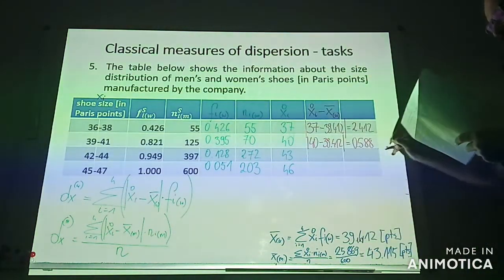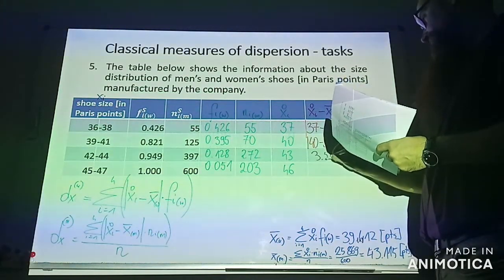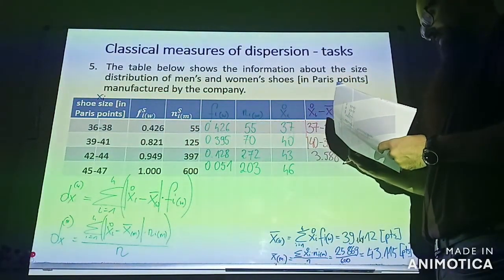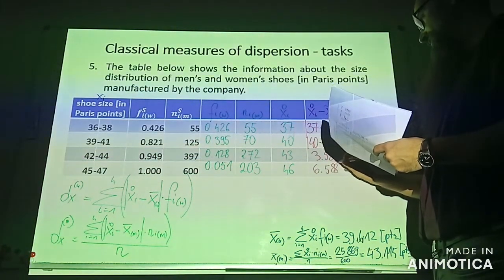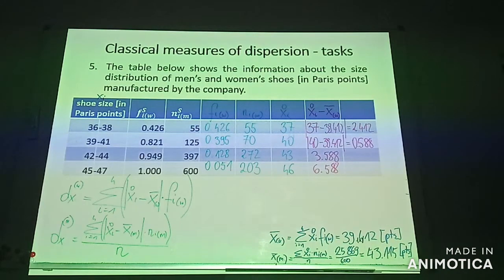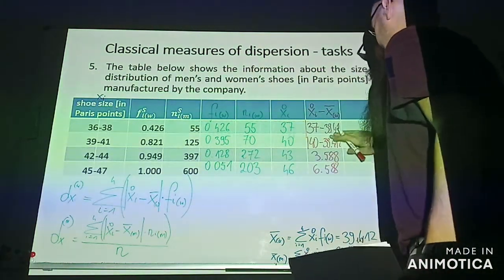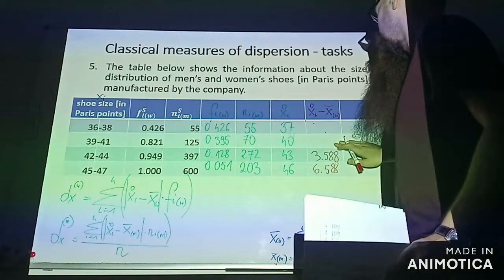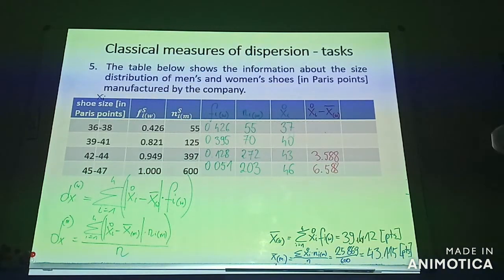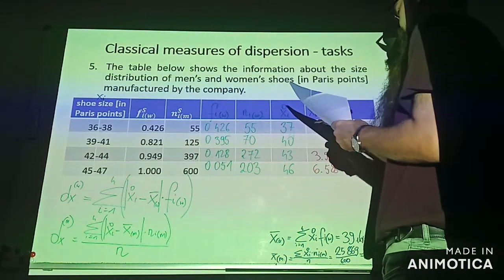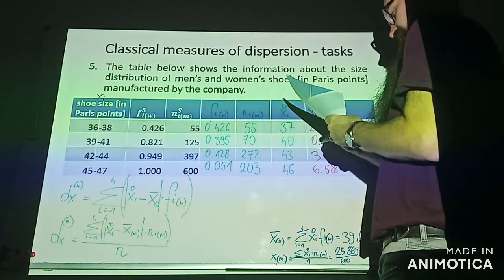Of course, and the next values are 3.588 and 6.588. Okay, but it's not the end. I need free space for another column. Wait a second, please.